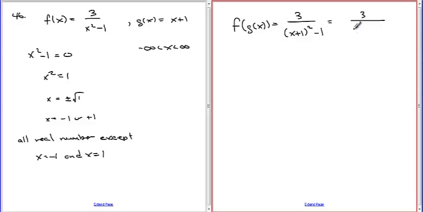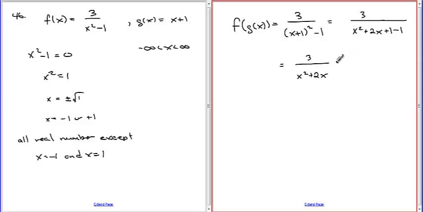So you'll get x squared plus 2x plus 1 minus 1. So multiplying this out using FOIL, you get that, and you can then cancel the last term out. So you get x squared plus 2x.